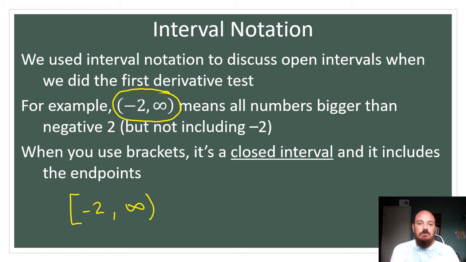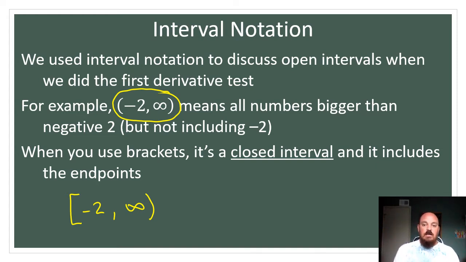The only difference between the one I circled and the one I wrote below is that the one I wrote below actually includes the number -2. -2 is part of the interval because I put a square bracket on it. Now the one up top, I didn't, so it doesn't include. It means every number bigger than -2, but not including. The bottom one does include it.